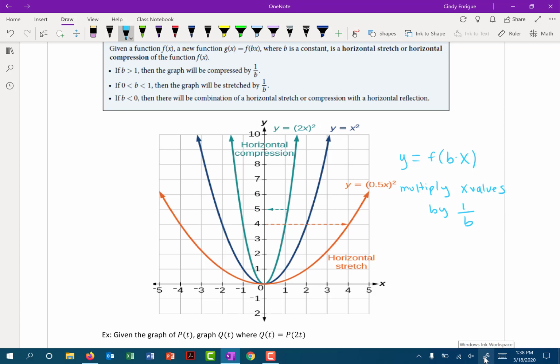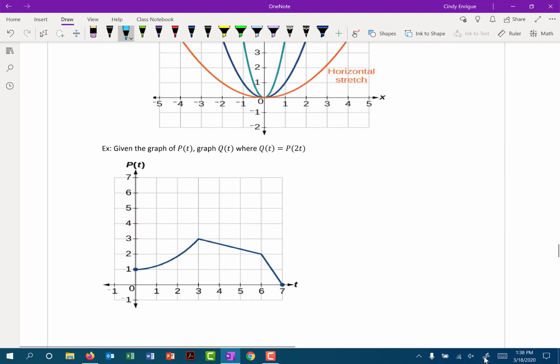So, okay, that's what's happening. So whenever I multiply by a fraction, what ends up happening is you actually are kind of either stretching it or compressing it. So let's put this into play.